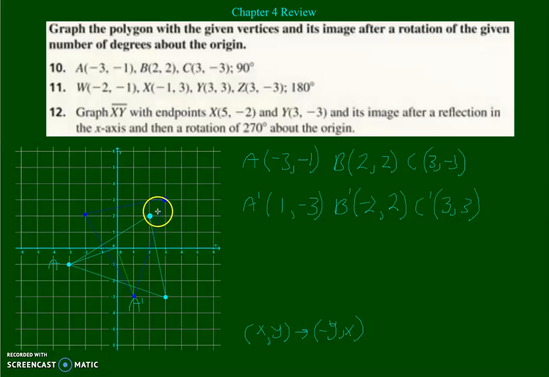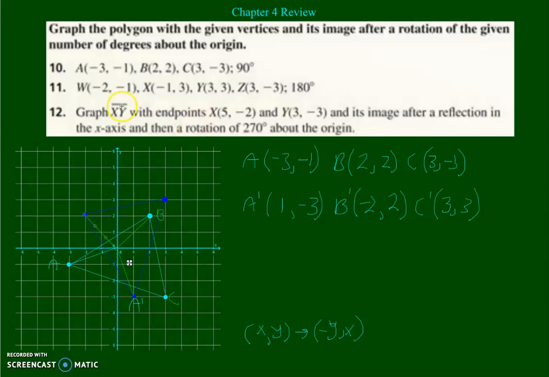So if we go up here to point B at 2, 2, so that's B, that's C. So B at 2, 2, if we draw a segment from B to the center of rotation, and then from the center of rotation to B prime, you can see again we have a 90-degree angle.